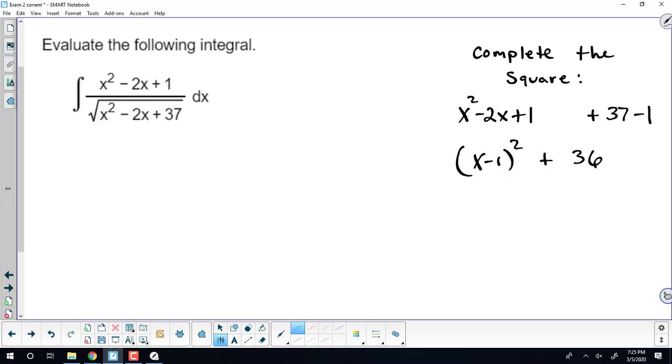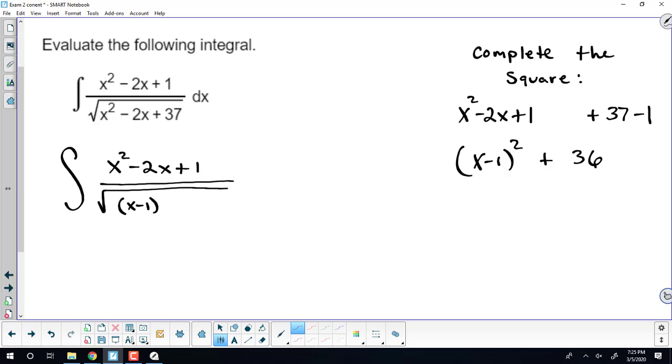But that's at least a little bit better than what we started off with. At least starting to take shape of ones we commonly recognize as trig sub problems.